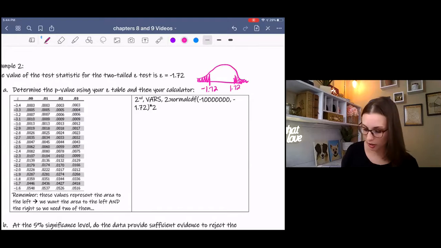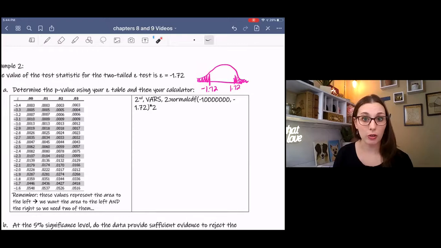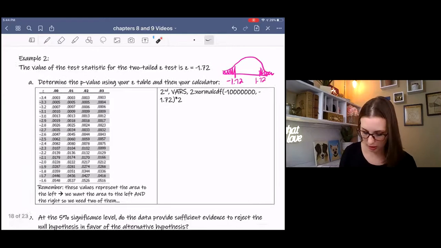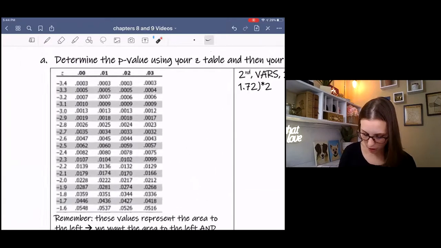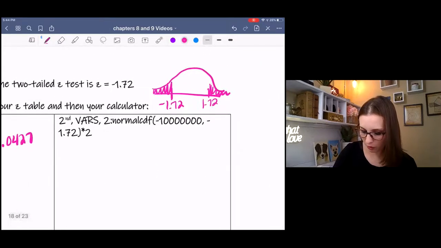And I'm looking to see what this area is so that I know my p-value, that probability. So I go to negative 1.72, and we get 0.0427.